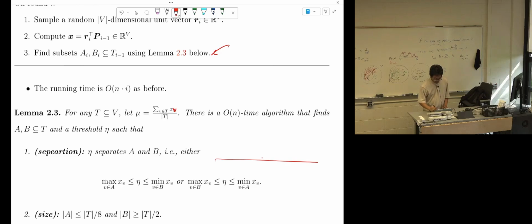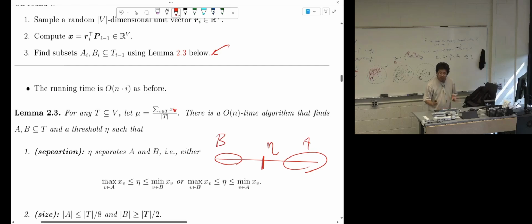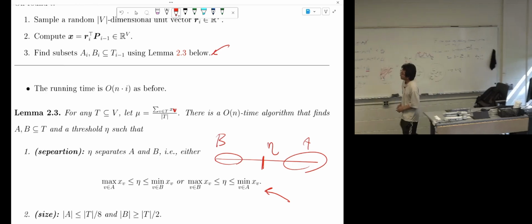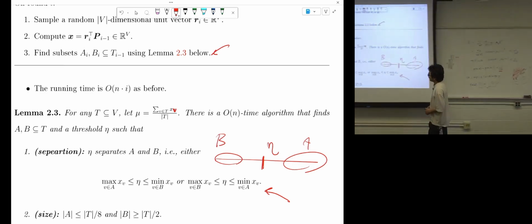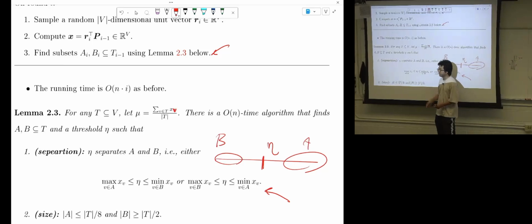This is the line, this is eta, and A is either here, B is here, or A is here, B is here. I also have that A will be not too big, less than T over 8, and B is at least half.